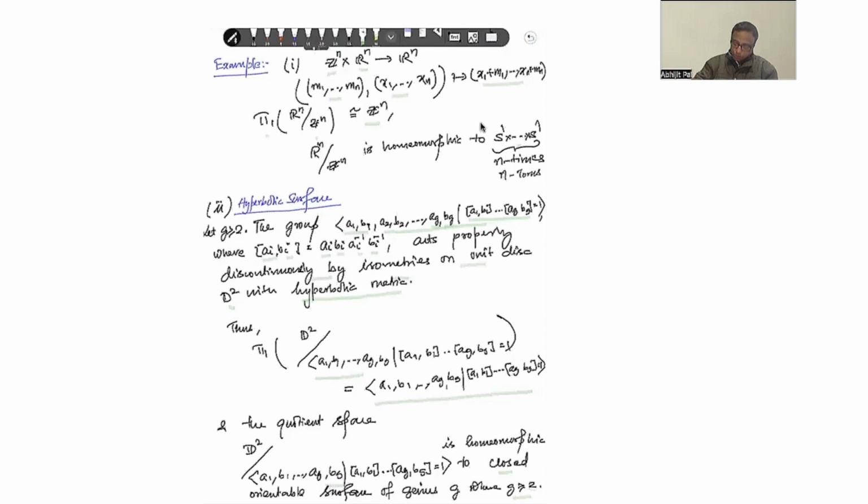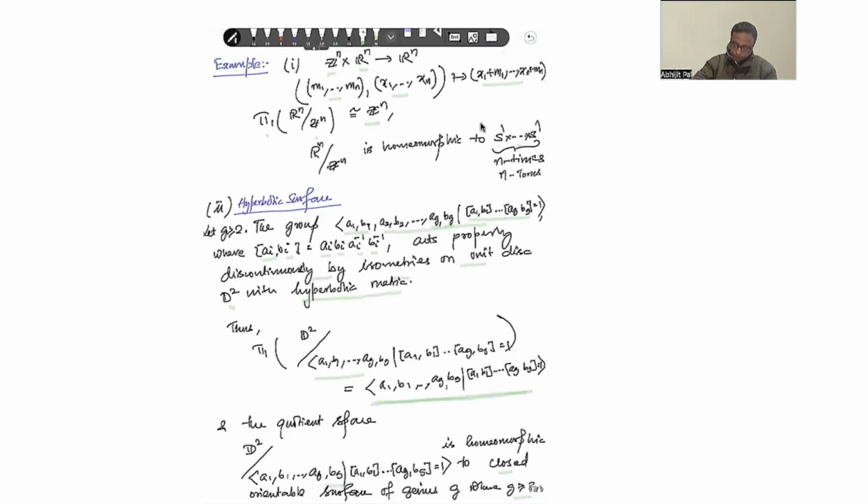So because this group acts on the hyperbolic plane properly discontinuously, this will prove that this group is the fundamental group of the closed orientable surface of genus g, where g is greater than or equal to 2.